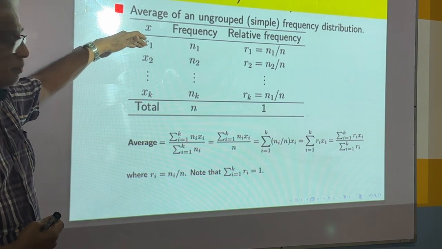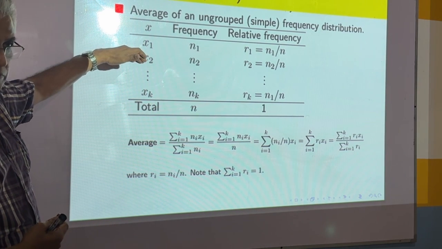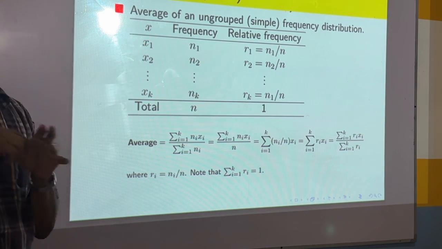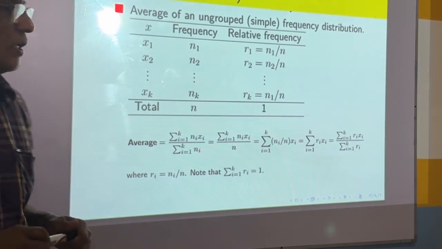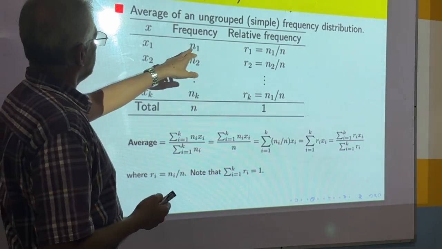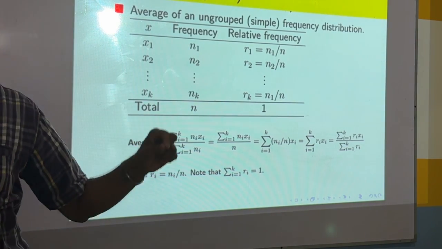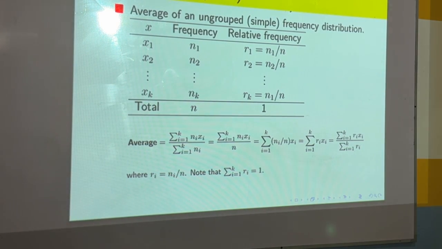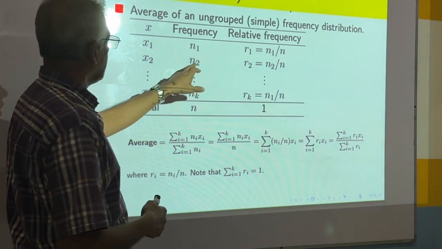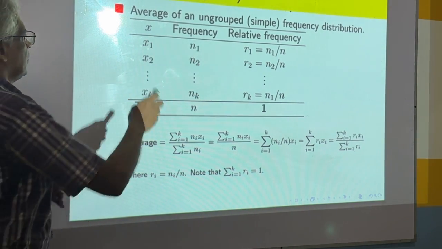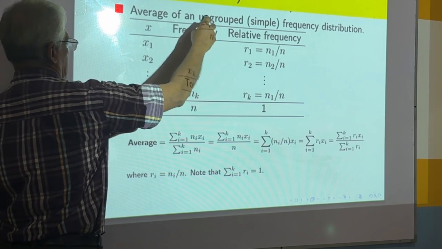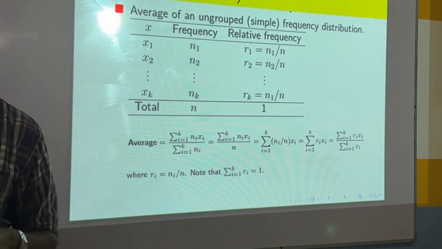Maybe x1 is one possible value, x2 is another possible value, like that. These are the unique different values. And then x1 occurs n1 times. There are n1 x1s, that's what it means. And then n2 x2s and so on. So if you are given this, how do you find the mean?